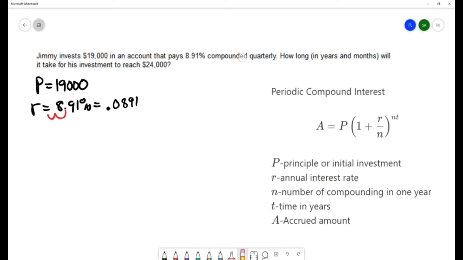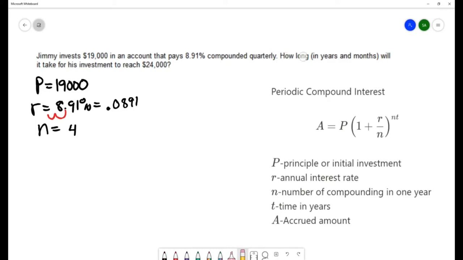So going back to that percentage, 8.91% compounded quarterly. Quarterly tells me how often the interest is added into the account. So it will be quarterly, and that's also an indication of the value of n. So if we compound quarterly, interest will get added 4 times per year. So the value of n will be 4.